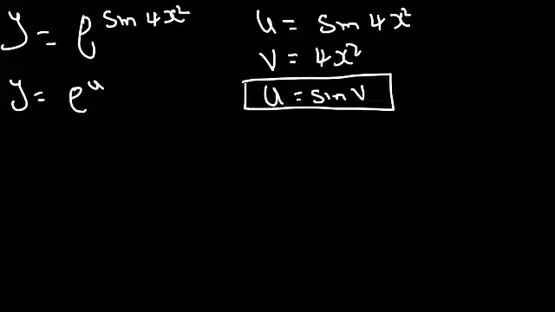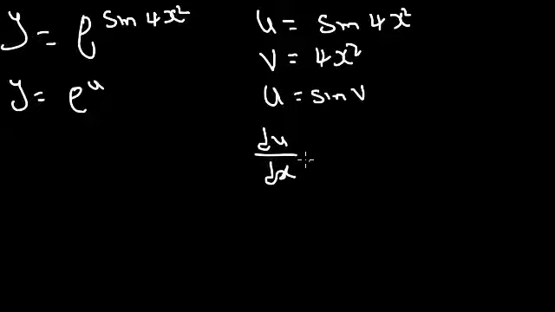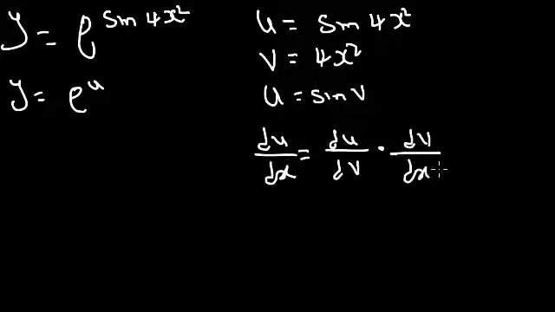Now you should know what this is. So basically, to get the du/dx, because that's actually what we need, to get the derivative of u with respect to x, we would need to multiply the derivative of u with respect to v and the derivative of v with respect to x. Having v substituted as 4x squared will make u become sine v.